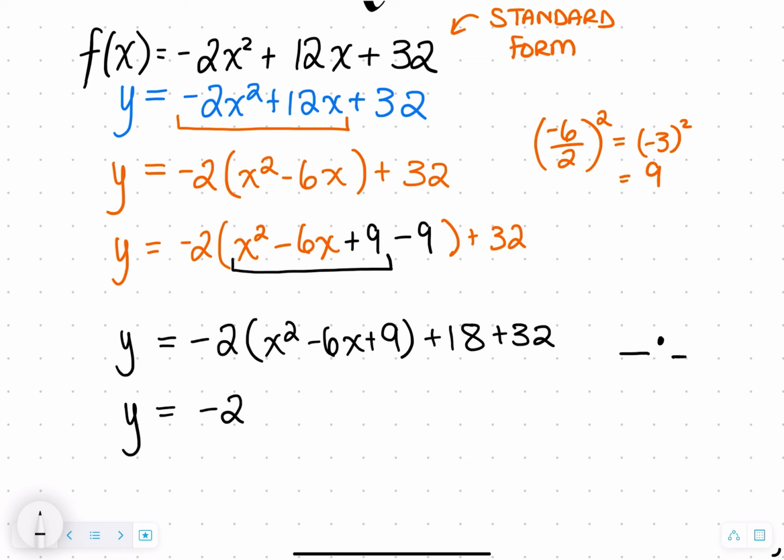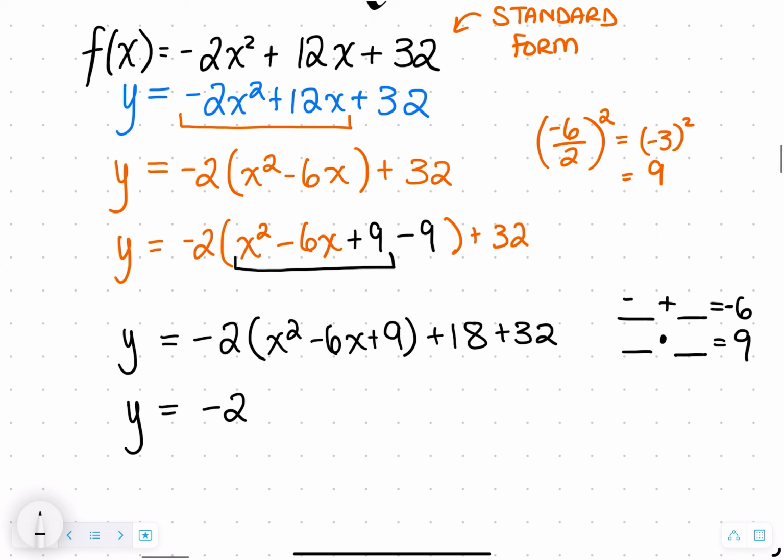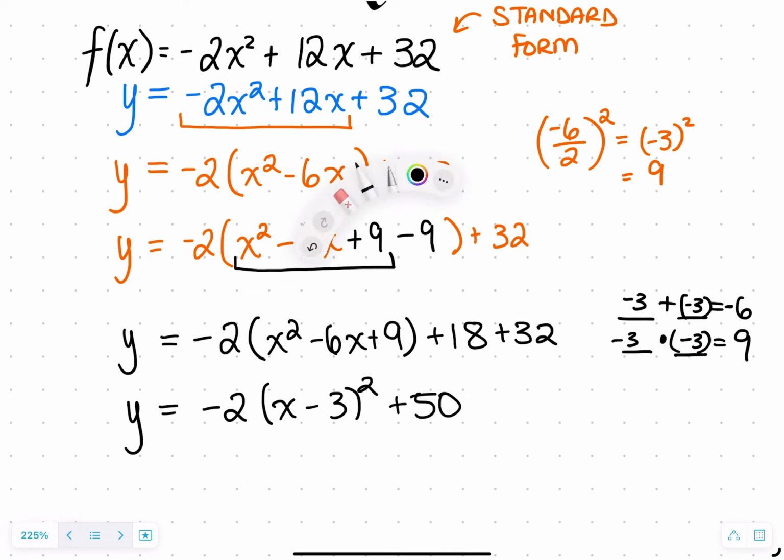To multiply to +9 and add to -6 would be -3 and -3. And that seems to work in both cases, so that's great. So we can write down x minus 3 squared, and then 18 plus 32 is 50. So now we have the equation in vertex form.